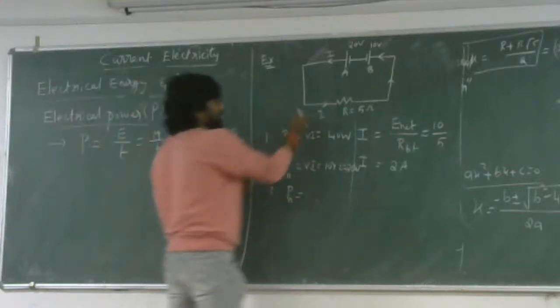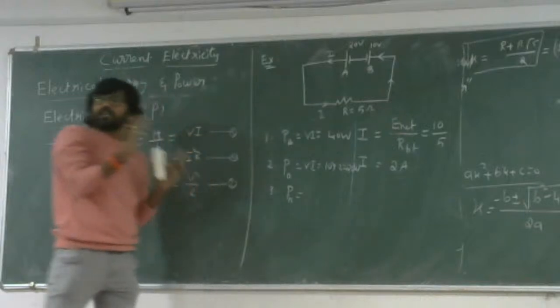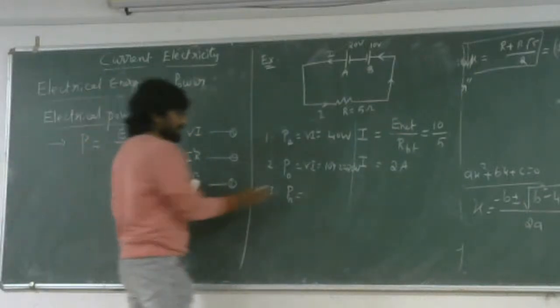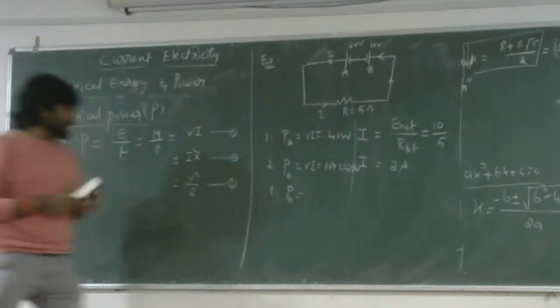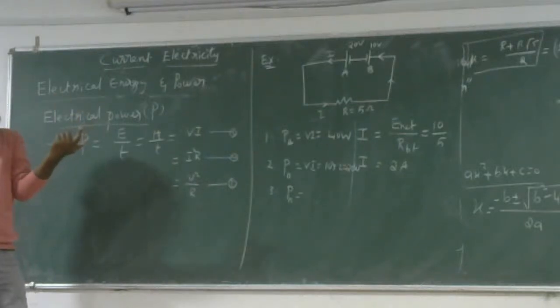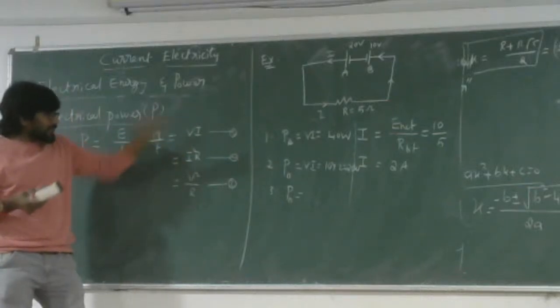So what about the resistor? The power consumed by this, or heat energy generated. In case of a resistor, if you knew its potential you could take current into voltage, but you don't know that. You know the current and resistance.